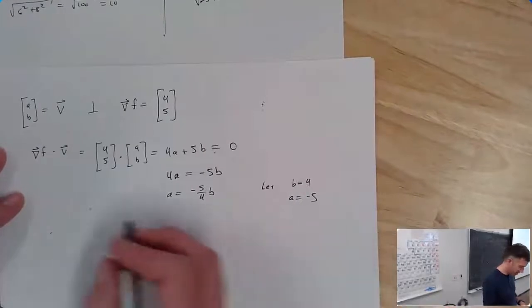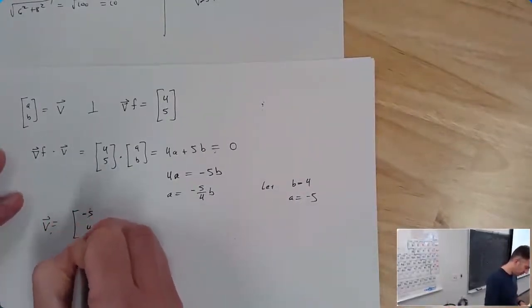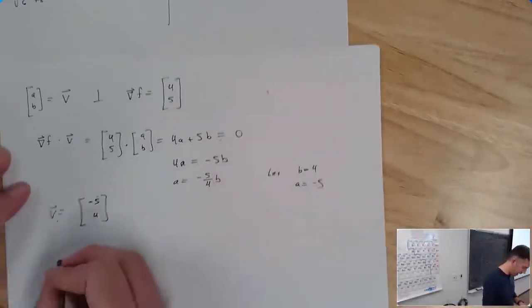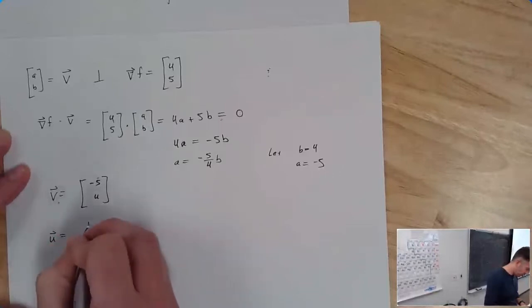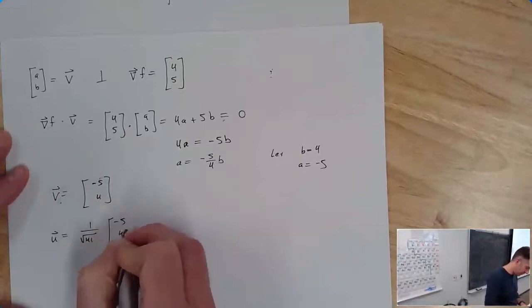So then our vector is going to be -5, 4, but I then need to normalize it by dividing by some magnitude. So my actual vector is going to be 1 over the square root of 41 times the vector -5, 4.